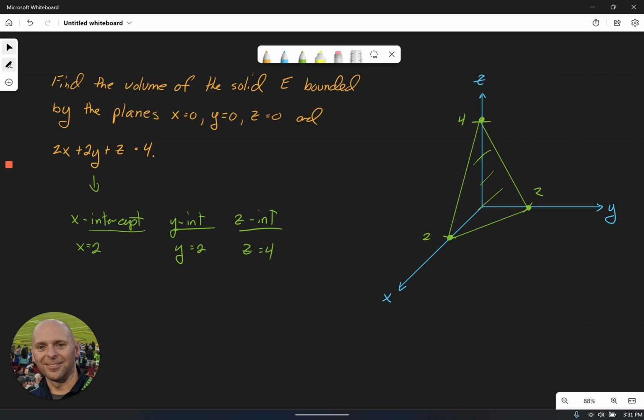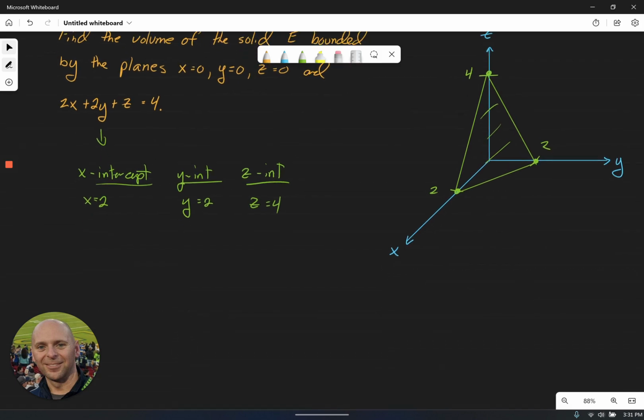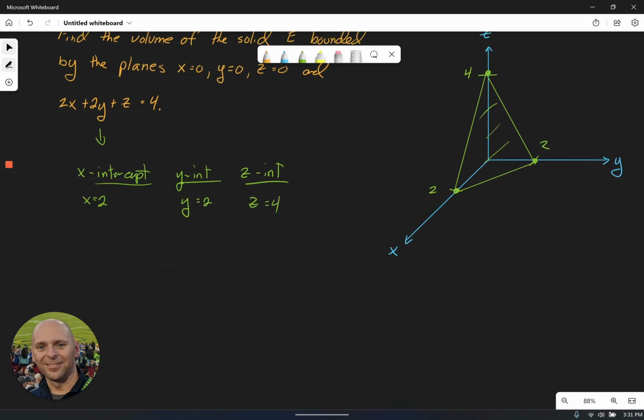Now we've got to come up with the volume of this thing, so we've got to come up with some bounds. If you visualize this, then we've got this plane being the upper surface. The lower surface then is going to be the xy plane down here. So that's setting up our range of values for z.